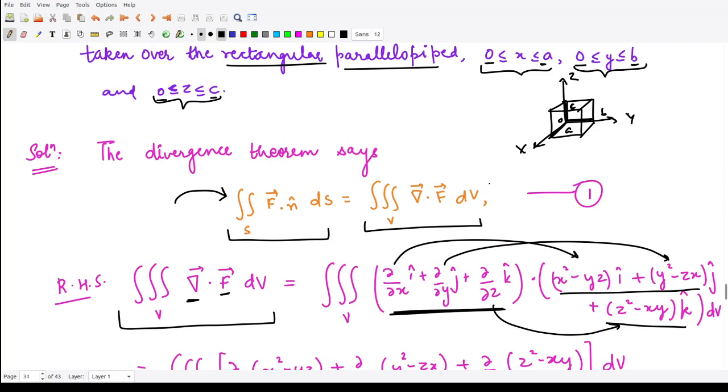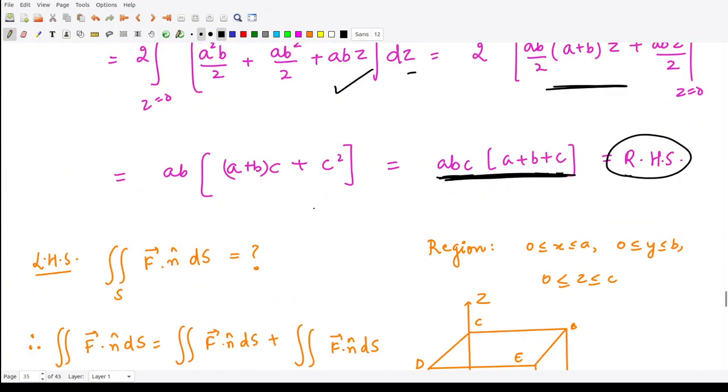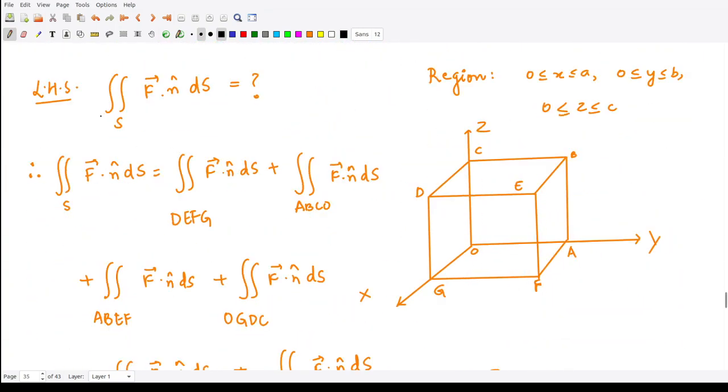So we have just calculated this much portion. Now let's move on to the left hand side, and let's see how we can calculate it. For the left hand side, we are required to calculate this surface integral, where n cap is the normal drawn outward to the given surface.